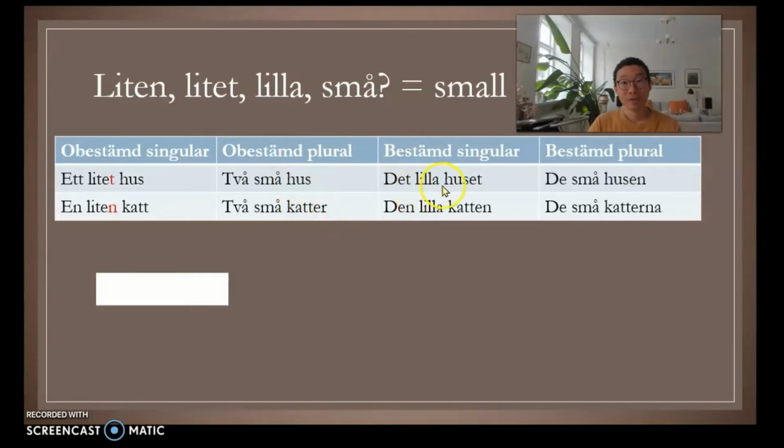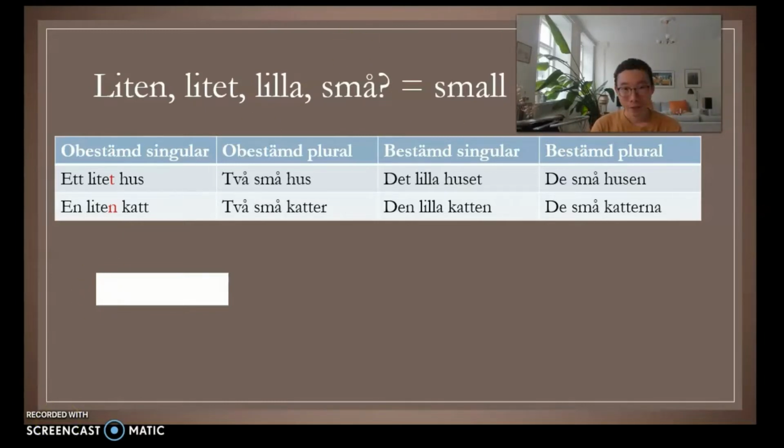Singular definite form, singular bestämd form, det lilla huset, the little house. The definite form of liten and litet is lilla. But the definite plural is the same again, it's små. So in Swedish, it's really good to know that the definite plural form and indefinite plural form are actually the same.